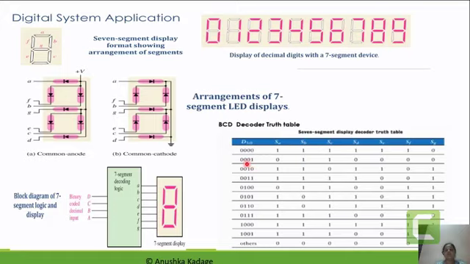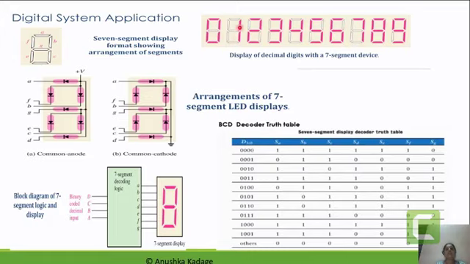In this truth table, the decimal value 0 is represented by its binary equivalent 4-bit group 0000, and to represent it, all segments except G should be 1. So you can observe from SA up to SF all the segment values are 1, and SG is 0, because the middle segment should be off to display 0.